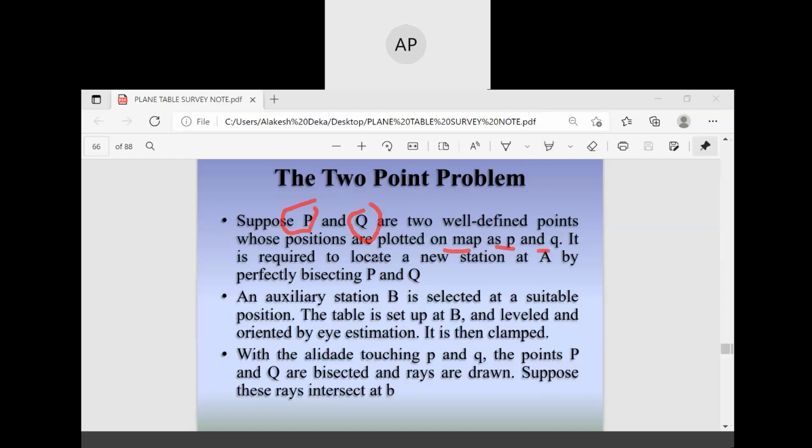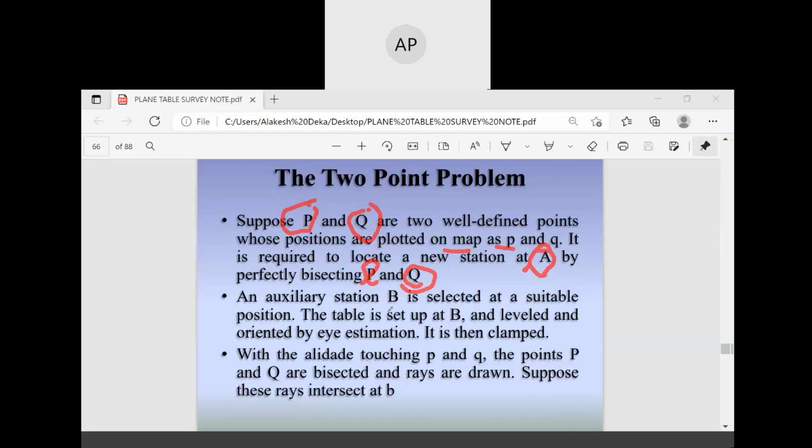It is required to locate a new station A. P and Q are already plotted. Okay. So A is found by perfectly bisecting P and Q.